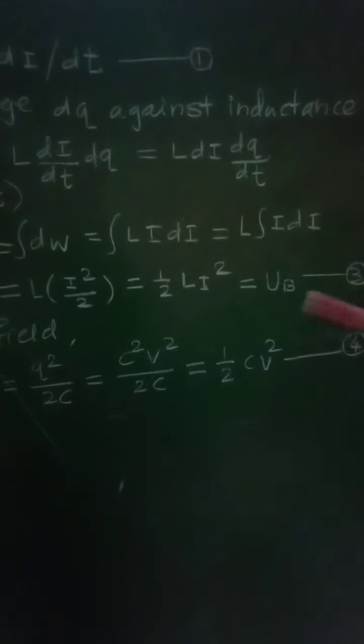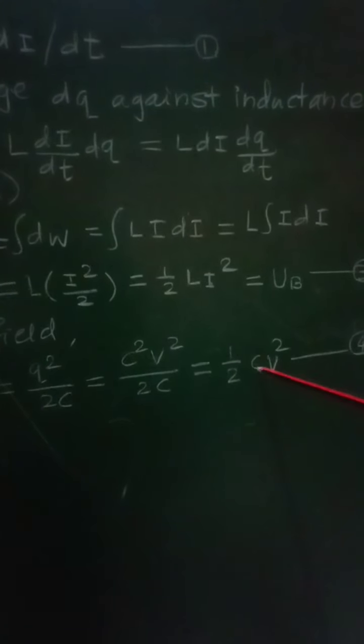So we can say that from this relation, the energy stored in the magnetic field, that is UB, is analogous to the energy stored in the electric field, that is half C V square, that is UE.